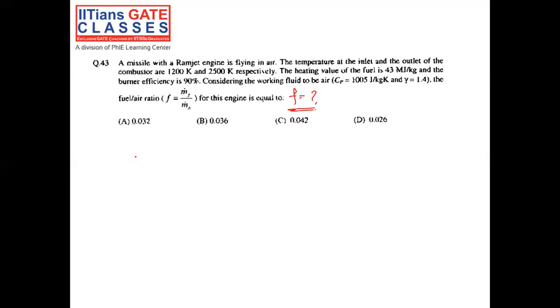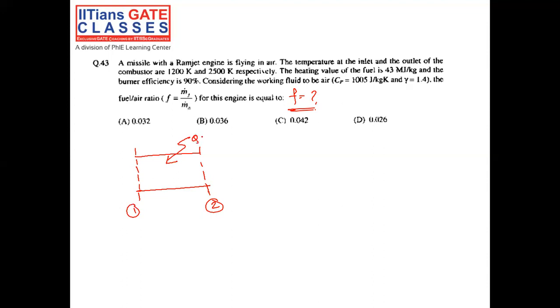Now if we draw a schematic of the combustion chamber, constant area, and this 1 denotes the entry of the combustion chamber, and this 2 denotes the exit of the combustion chamber, and heat is being added in terms of injected fuel, right?